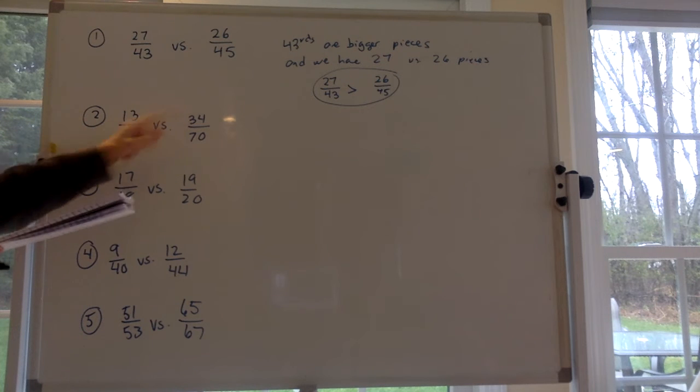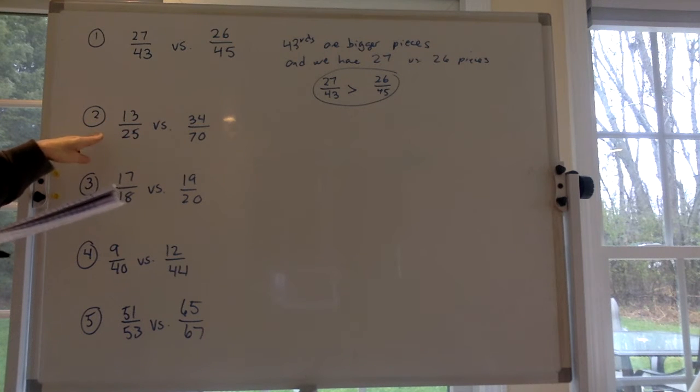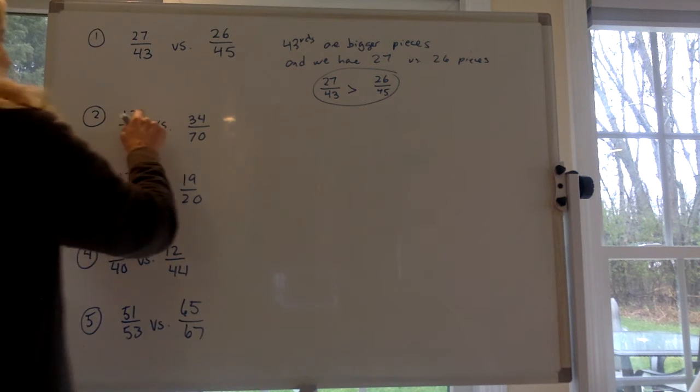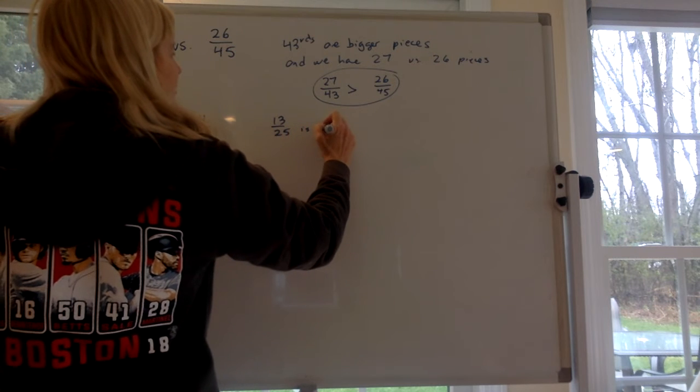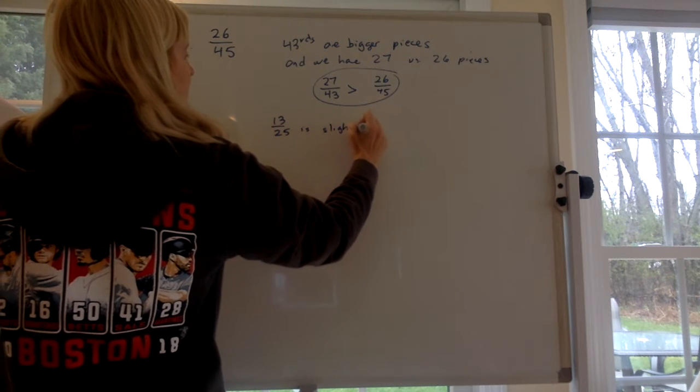If you think about these two fractions, they're both pretty close to half, right? 13 over 25 is slightly bigger than 1/2.